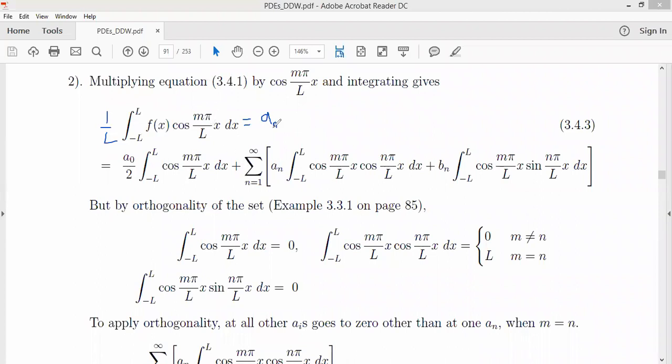So this will be the expression for the second Fourier coefficient. And then we repeat this process.